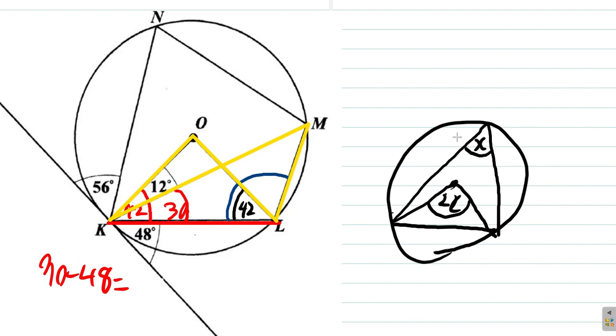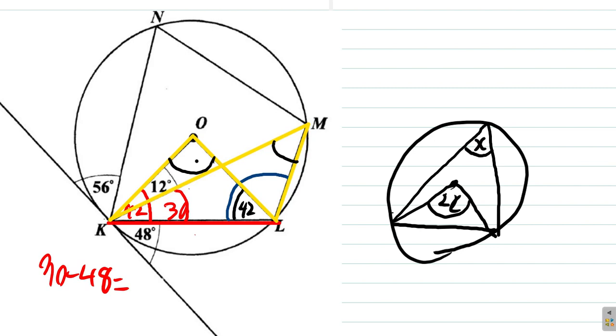Alright? So that's what we have here. The chord is KL. We have this angle lying at the center and this angle lying at the circumference in the same segment. So what you will find is that this angle is twice this. Or in other words, this angle KML is half this.